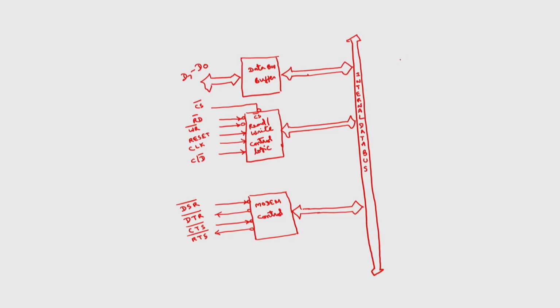On the other side we have the parallel to serial converter, which will act as the transmitter buffer. It will take the parallel data and convert it to serial, and there is one serial data signal called transmit data, TXD. Then we have transmitter control signals.